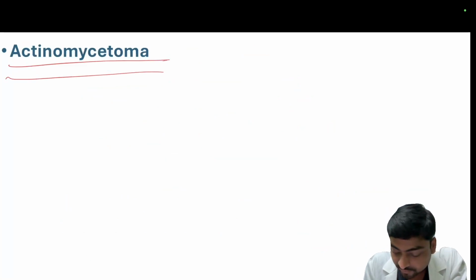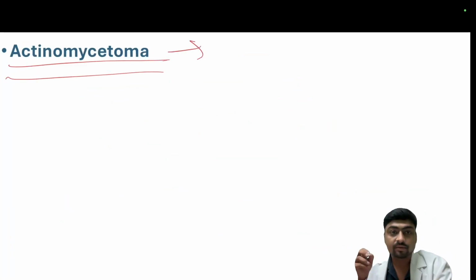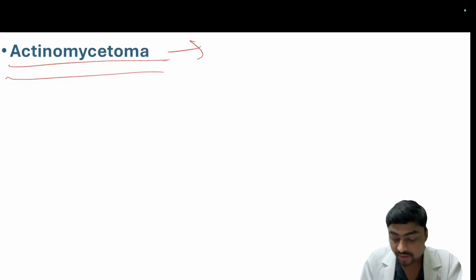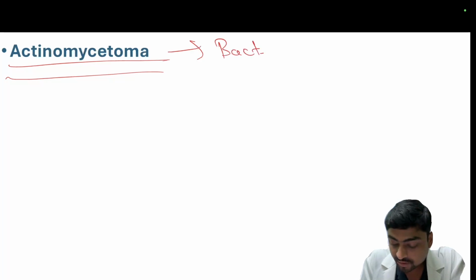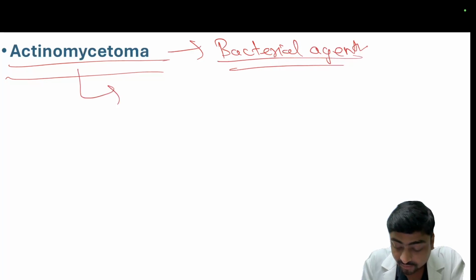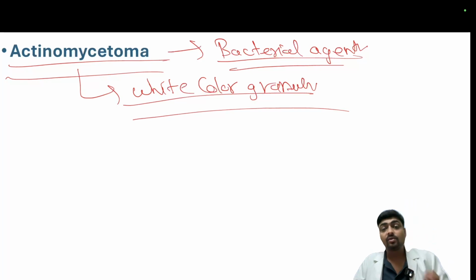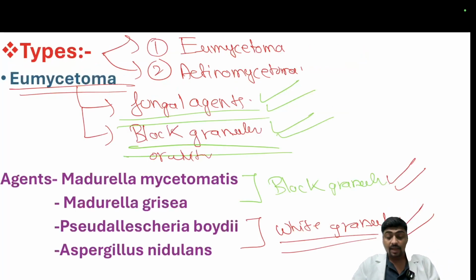and the other two are responsible for the formation of white granules. Now in case of Actinomycetoma, it is not caused by fungus. We are reading it under mycetoma, that is subcutaneous mycosis, but Actinomycetoma is caused by bacterial agents and it is responsible for the formation of white colored granules. Now in Eumycetoma, black or white color granules are formed, but majority of them are black color granules.